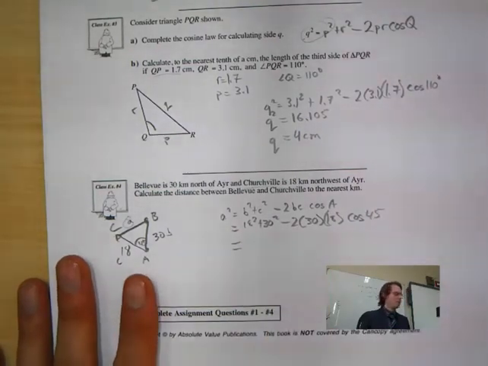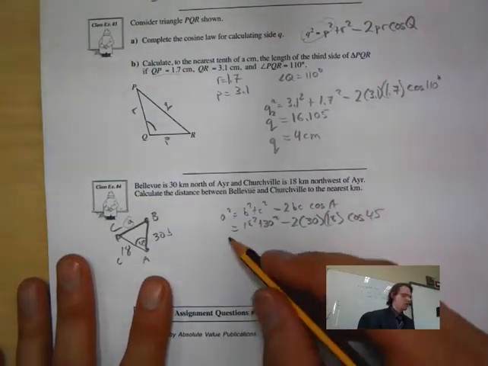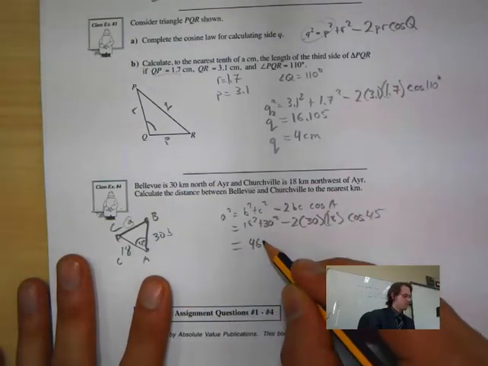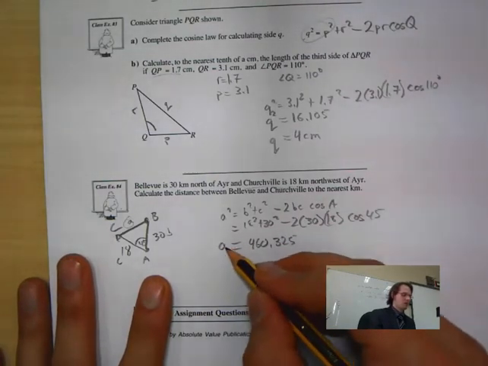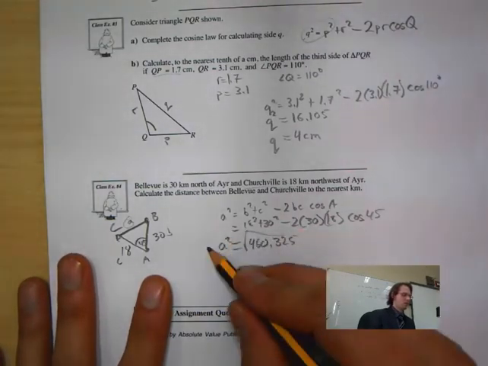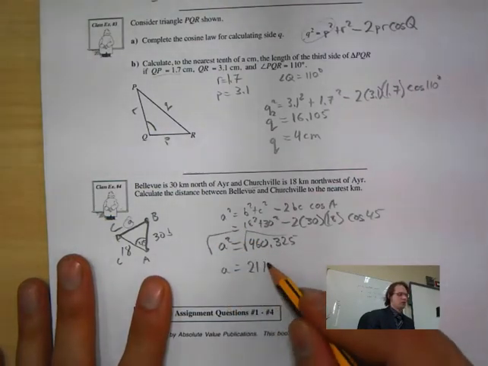Okay? So when we calculate all this, I am going to put all this into your calculator. We end up getting A squared is equal to that, so we must square root both sides. So then A is equal to 21 kilometers.